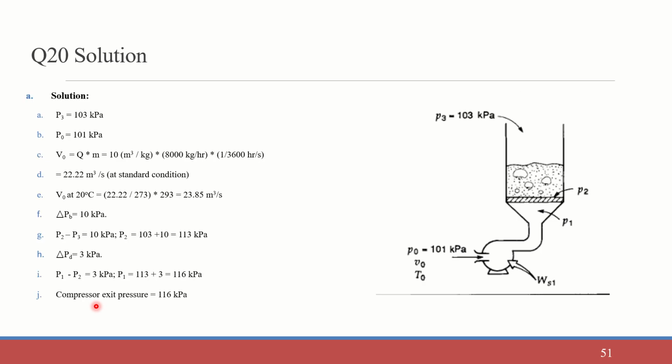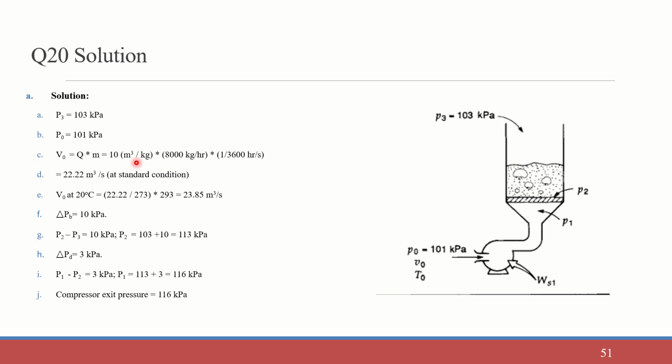So we are directly jumping into the solution because it is a series of steps we require. First, P3 is 103 kilopascal, P0 is 101 kilopascal, and V0 is Q into M. Q is the volumetric flow rate of air we require.